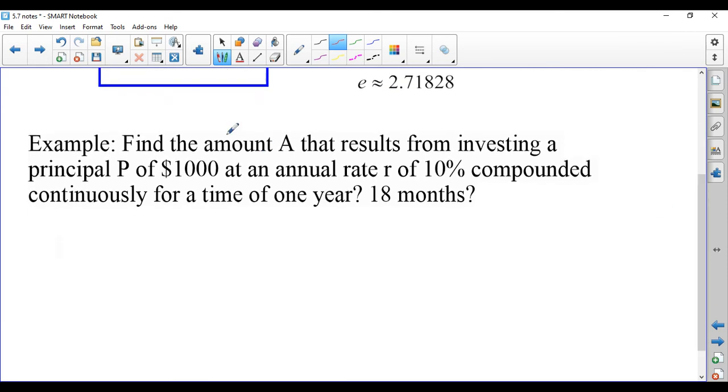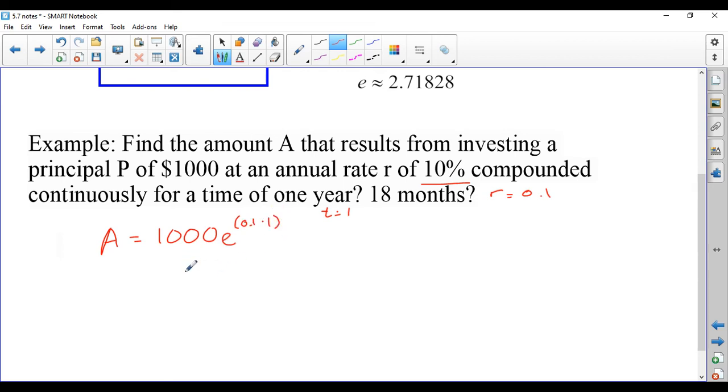So if we want to find the amount that results from investing a principal of $1,000, so we're going to find A, if our principal is 1,000 at a rate of 10%, so our r is 0.1. Continuously compounded for 1 year. 1 year means t is 1. So the formula is principal times e, and my exponent is 0.1 times 1.